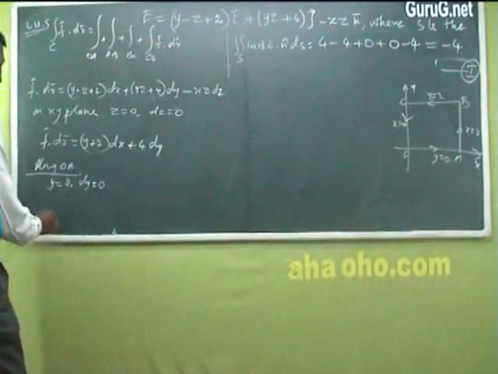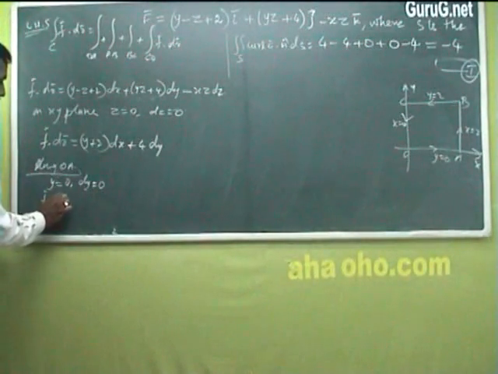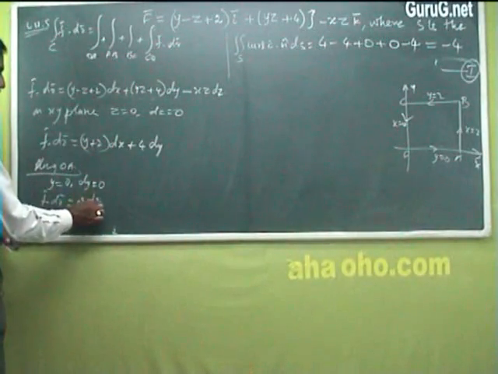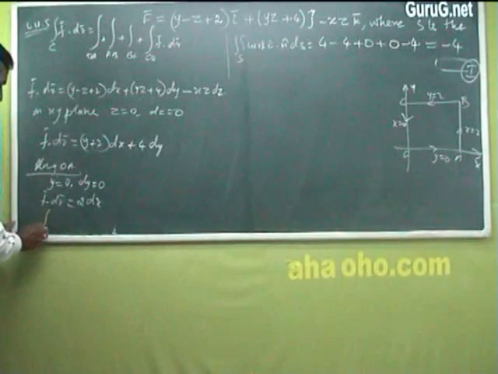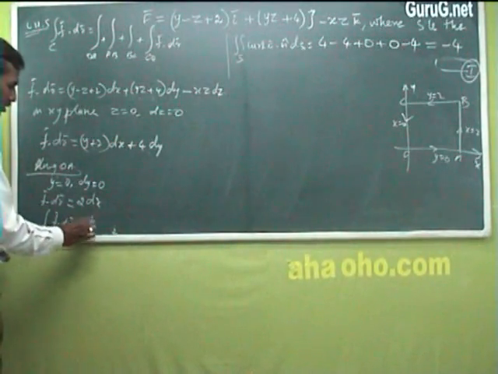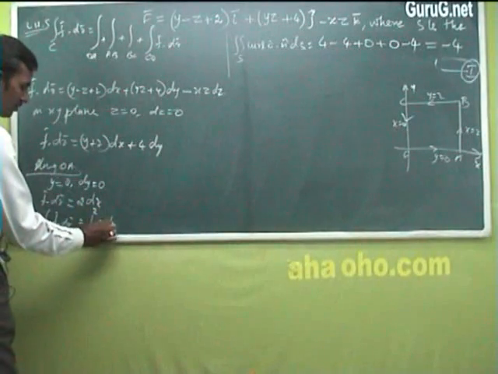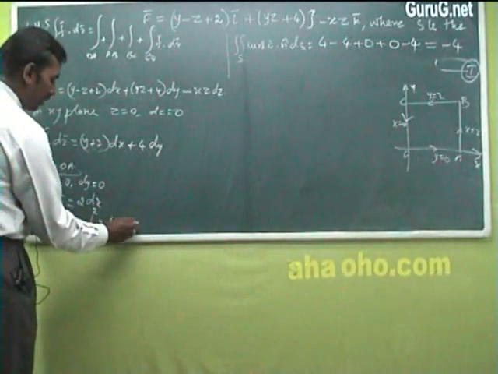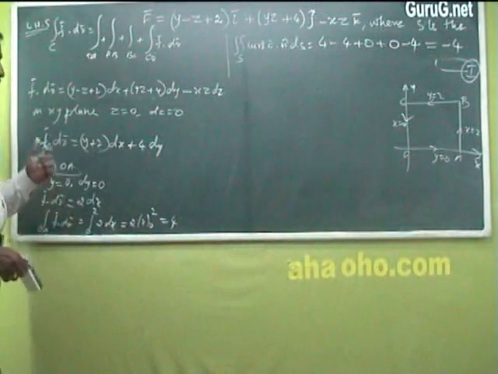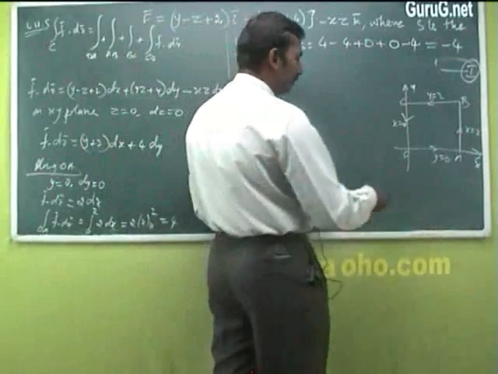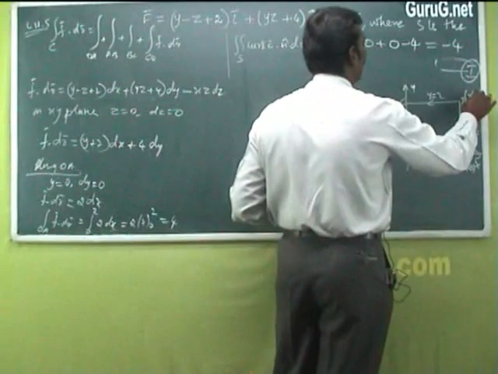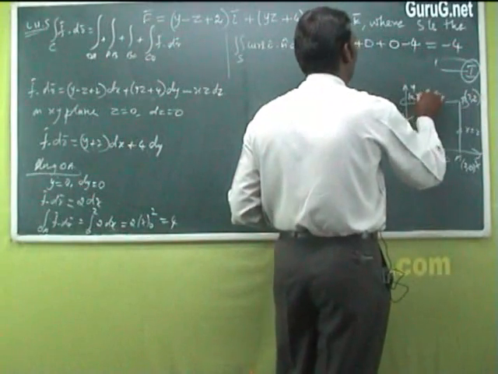So F dot dr equal to, this is 0, so 2 dx. So the integral over OA of F dot dr equal to the integral 0 to 2 of 2 dx, this equal to 2 into x, 0 to 2, this equal to 4. Now x varies from 0 to 2. This one is 2 comma 0, this one is 2 comma 2, this one is 0 comma 2, right?